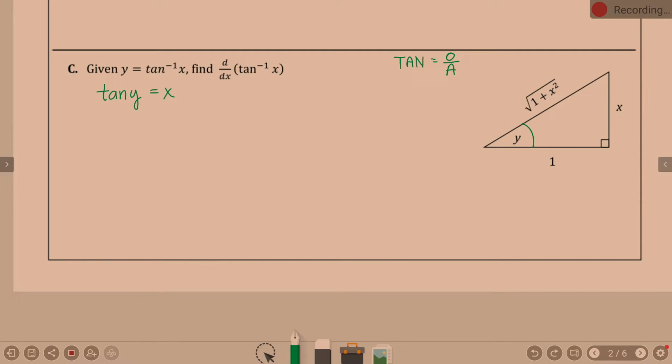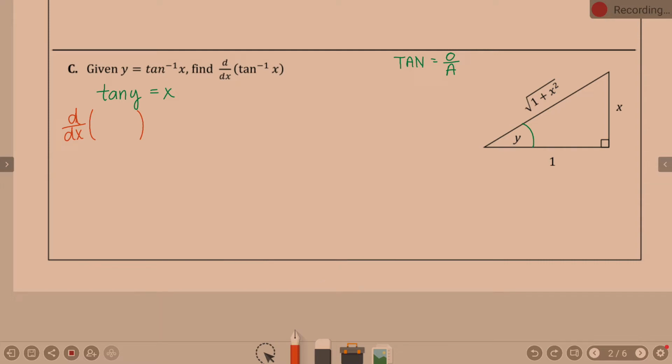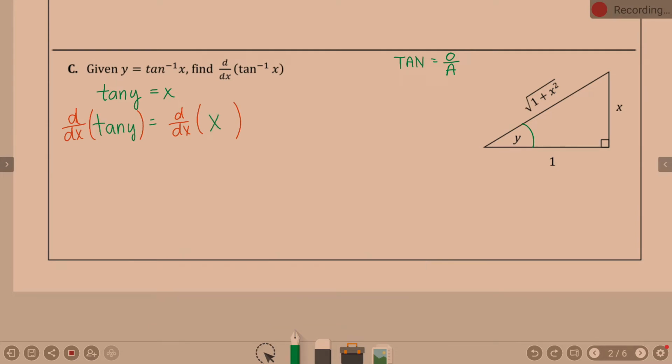Okay, so we're going to differentiate. We're going to do the derivative of tan y, and we're going to do the derivative of x. Just writing down that we're doing the derivative of both sides with respect to x.